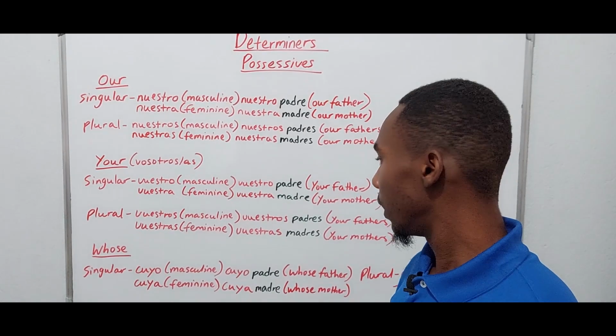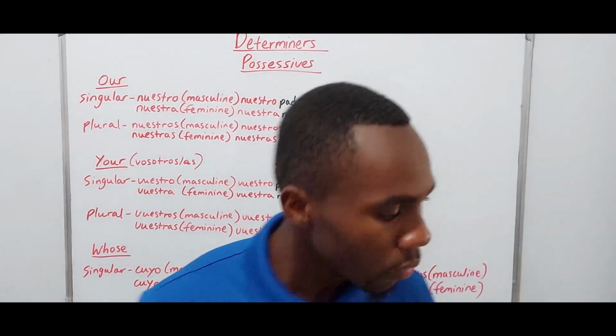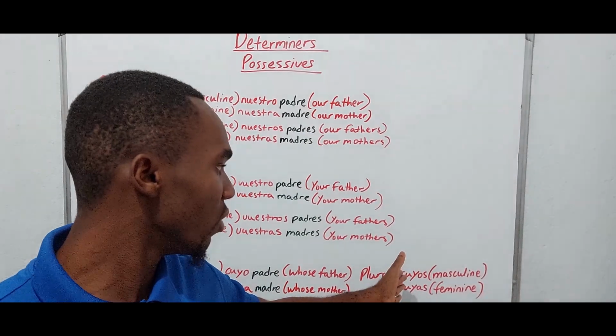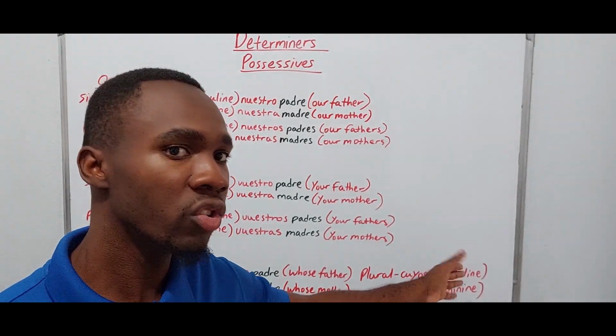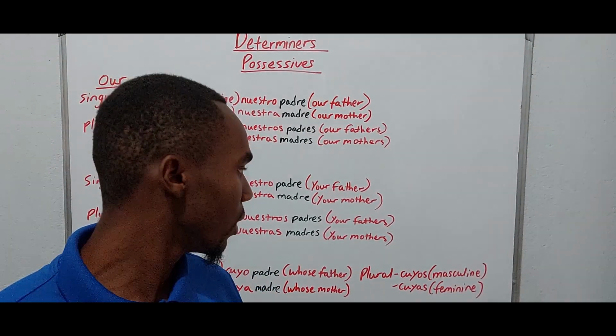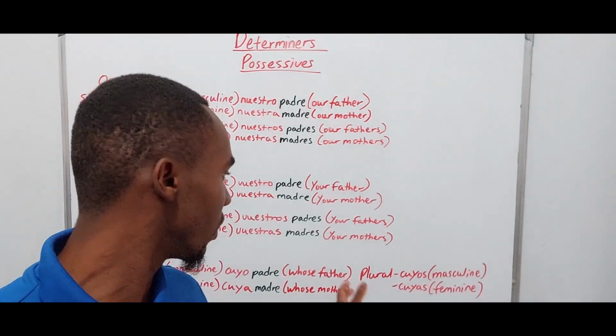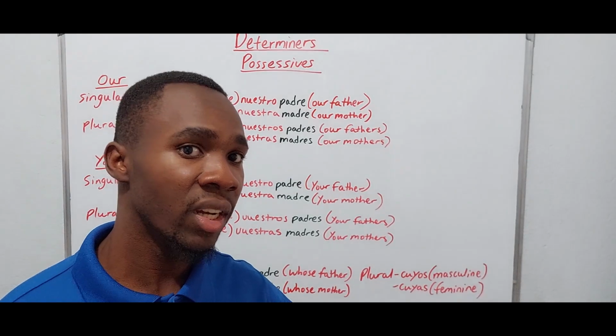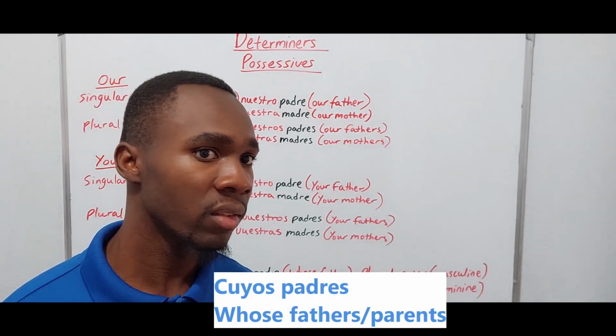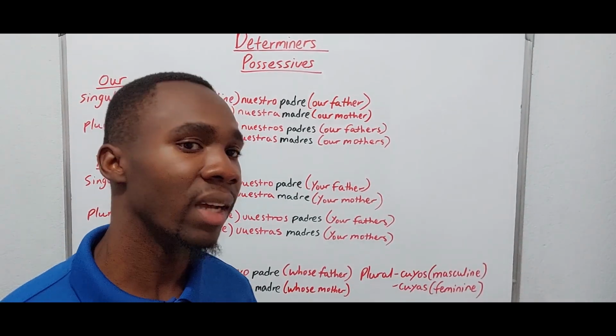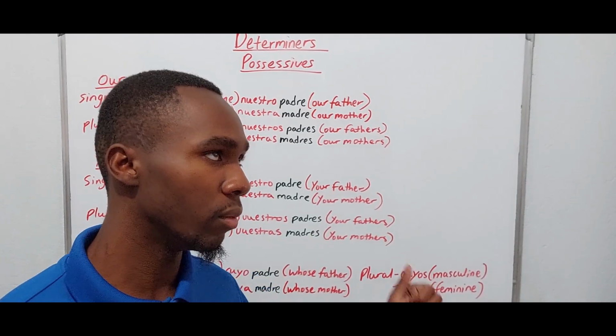And if we want to make it plural, we just add an S. Cuyos and cuyas. I didn't have enough space to write an example, but I would just say cuyos padres, whose parents, and cuyas madres.